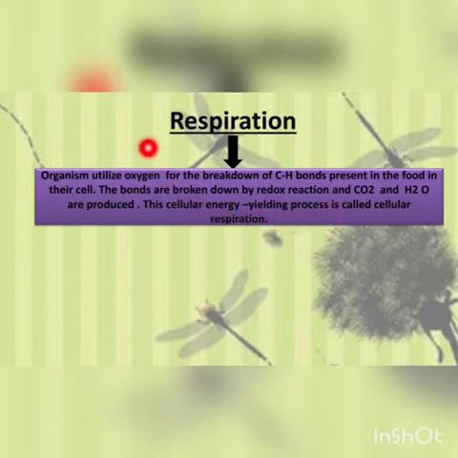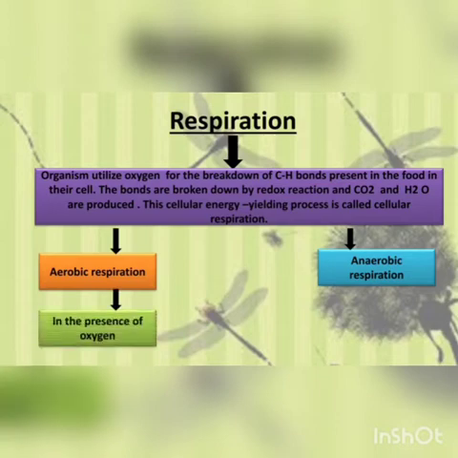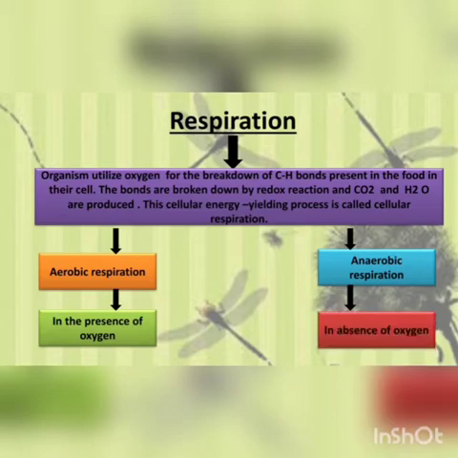This depends upon the availability of oxygen. So it has two main types. First one is aerobic respiration and the second one is anaerobic respiration. Aerobic respiration takes place in the presence of oxygen and anaerobic respiration takes place in the absence of oxygen. So let's see one by one.